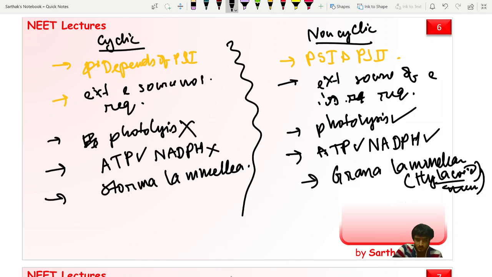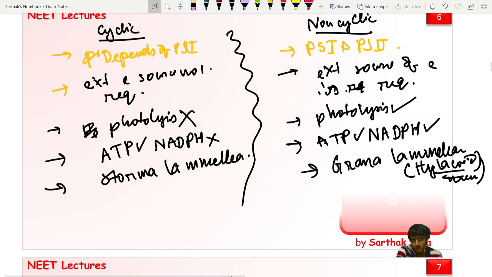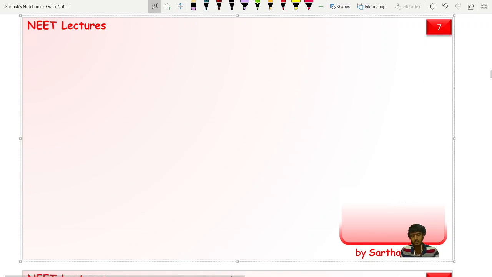In the next slide I will be covering the first light reaction. I will be covering the chemiosmotic hypothesis in the next lecture. We will understand it in a little more detail, because it is a very hard concept and we have to go deeper into the details to understand it.